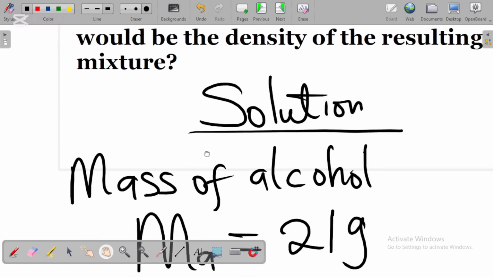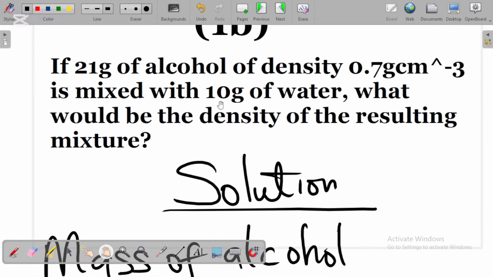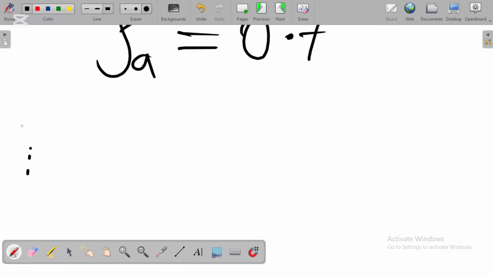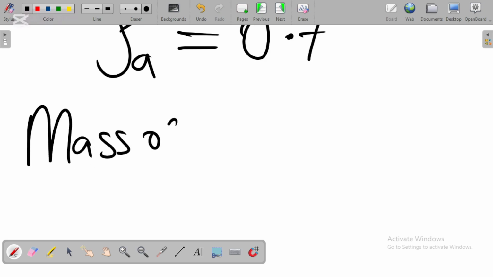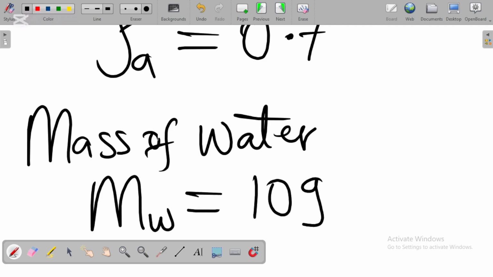Now, let's continue. What's the next parameter given? He said, if 21 grams of alcohol of density 0.7 gram per cm cube is mixed with 10 grams of water. So we are told that the mass of water, M subscript W, is equal to 10 grams.